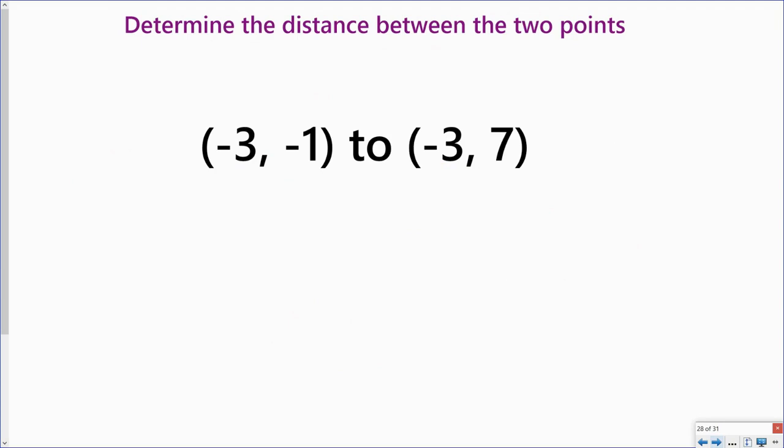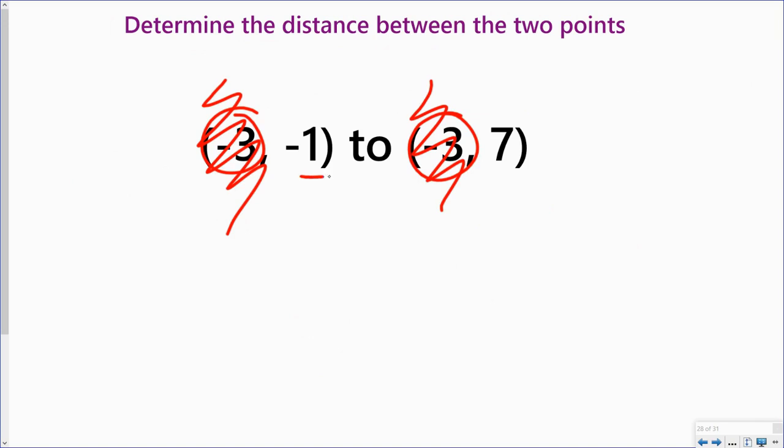I'm going to do the same thing with this one. If you notice, my x-axis, -3 and -3 are the same, so I do not need those. I'm going to take a look at the -1 and the 7. But if you notice in this one, the signs for the numbers are different. So this one is a negative and this one is a positive.